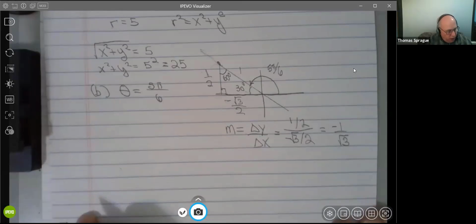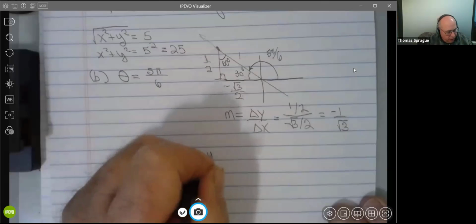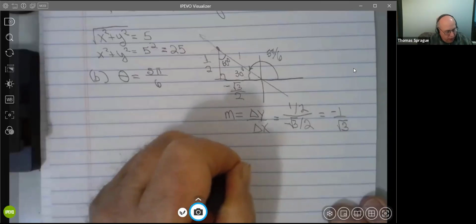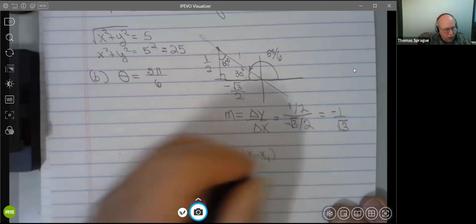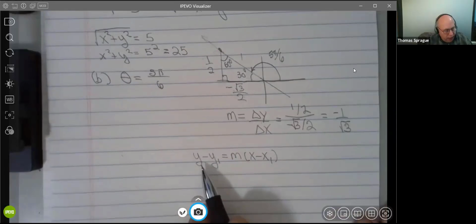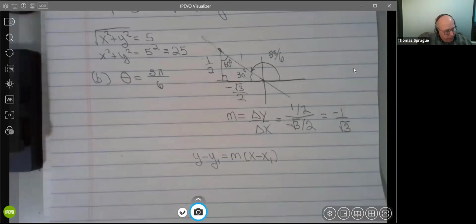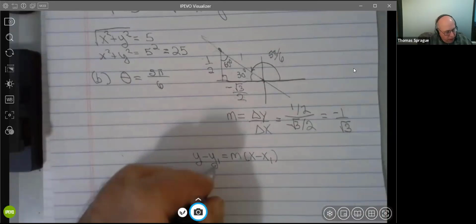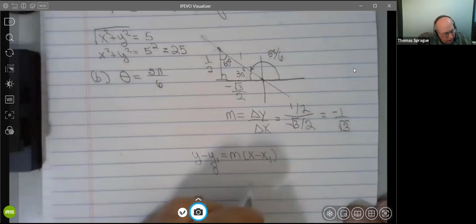Okay, so now we know the equation of a line. You could use this, or if you know the fact that the equation of a line that passes through the origin is y equals mx, you could use that. So we know a point on the line, namely 0, 0.